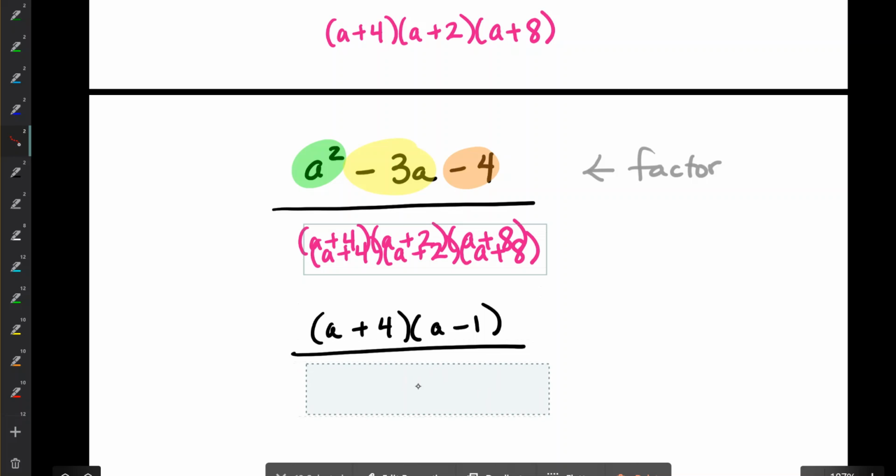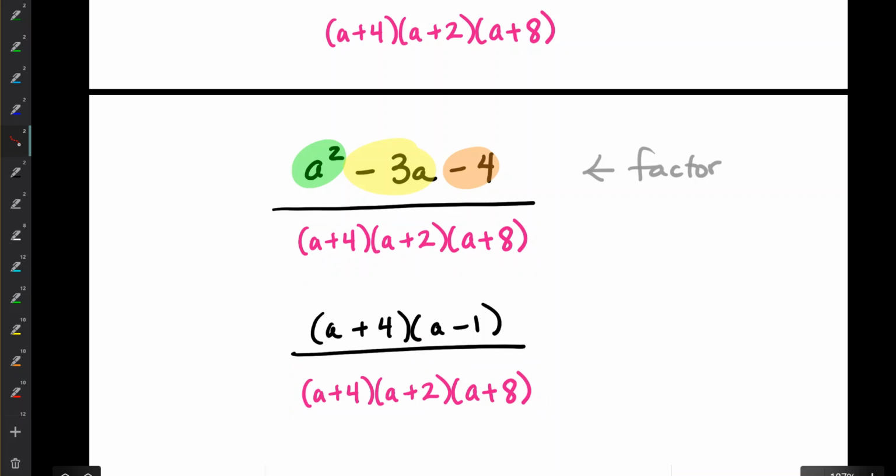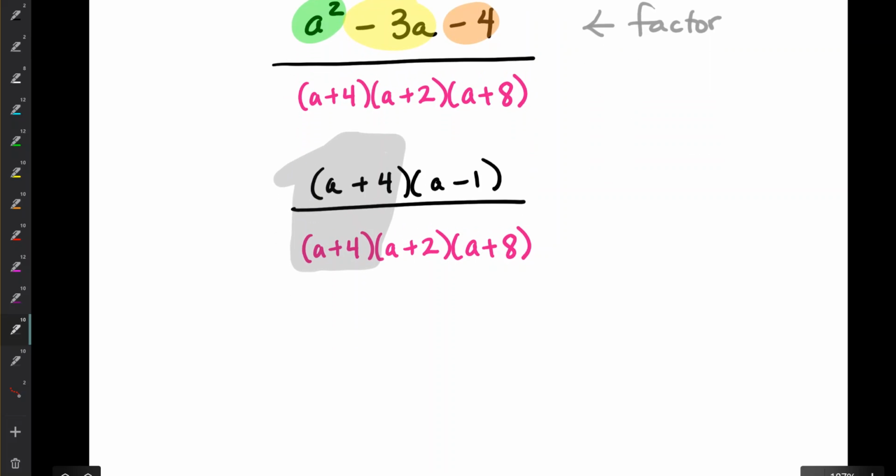And now I can see that there is a secret times 1 right here in the form of a plus 4 all over itself. So we're done with our final answer, a minus 1 all over a plus 2 times a plus 8.